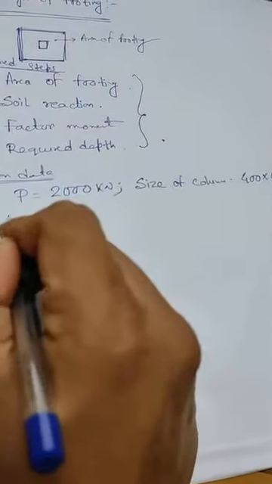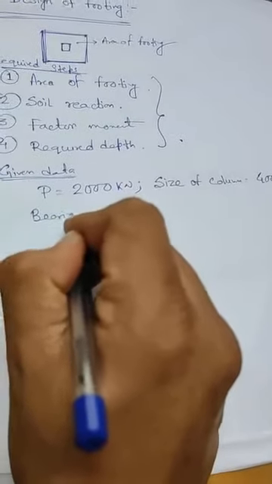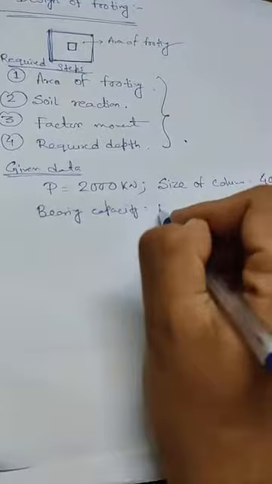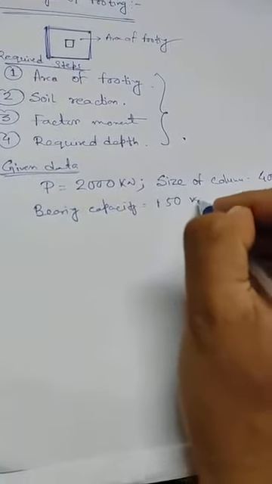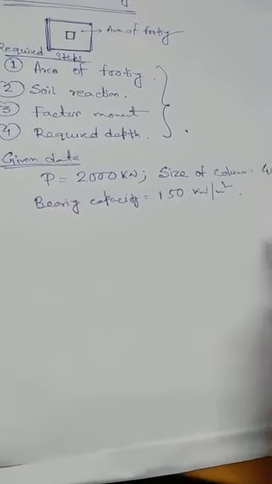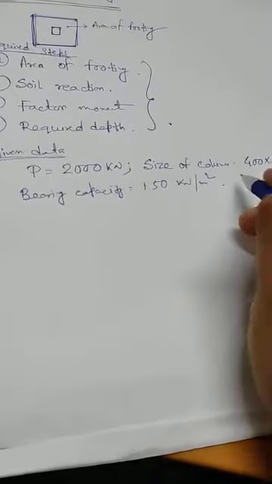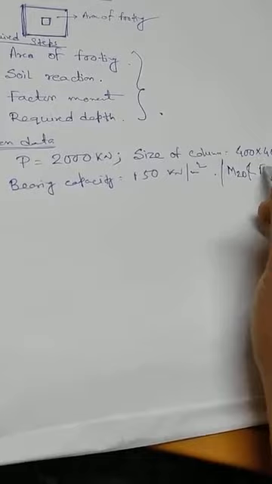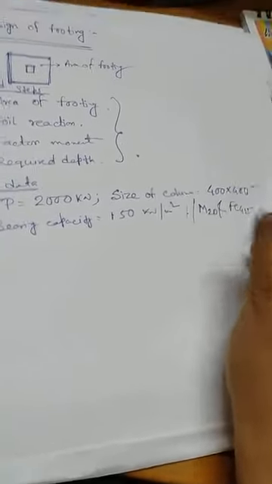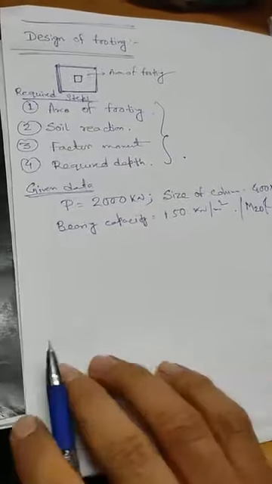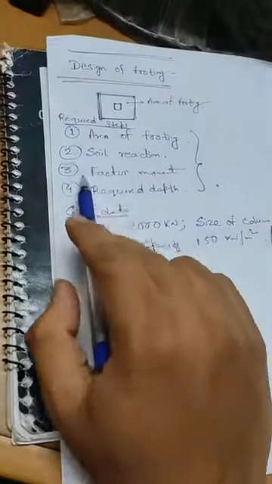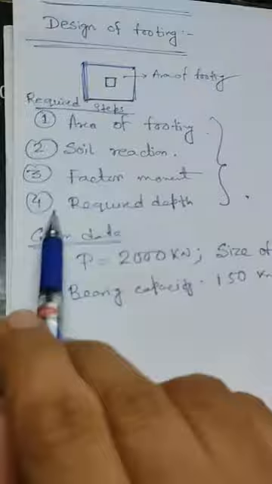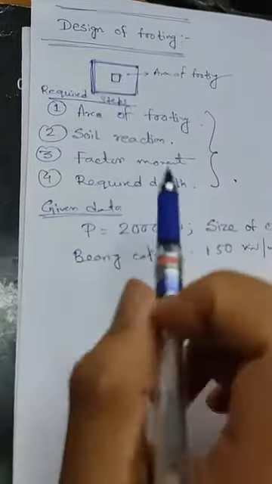Okay, and bearing capacity of soil is given as 150 kilonewton per meter square, and you have to use M20 grade of concrete and Fe 415 grade of steel. Okay, now we have to find out these 4 parts: area of the footing, soil reaction, factored moment, and the required depth of the footing, right?